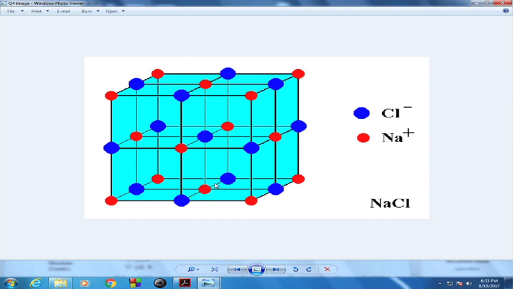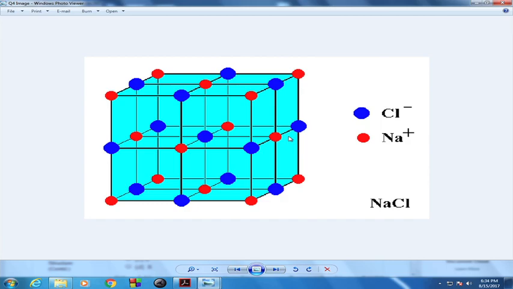Note that if you consider this whole cube, and you see the middle chlorine, at each face there is a sodium ion, and at every corner there are also sodium ions. That means, very simply, that this is an FCC lattice with 2 atom species.